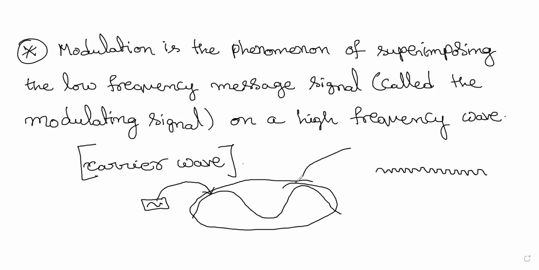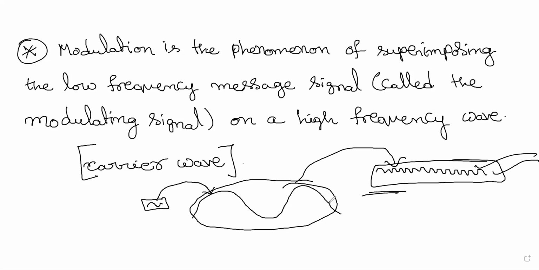This wave will be kept over this wave. That's what the superimposition does. So this high frequency wave will carry this wave to longer distances. Higher the frequency means higher energy. So it carries this small energy wave to longer distances because it possesses very high energy. The high frequency wave is called the carrier wave, and this is called modulation.